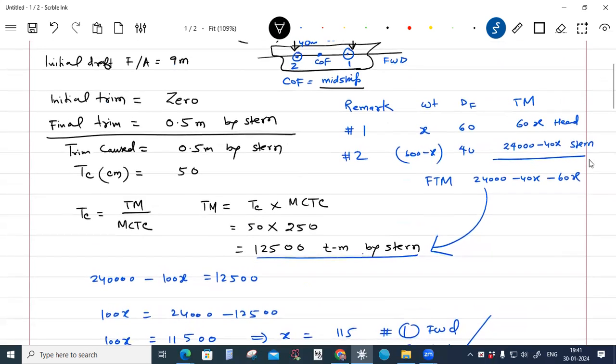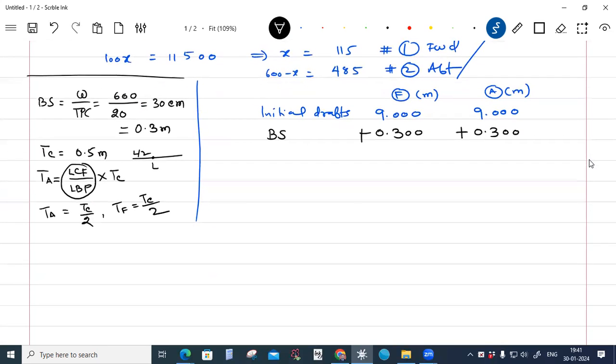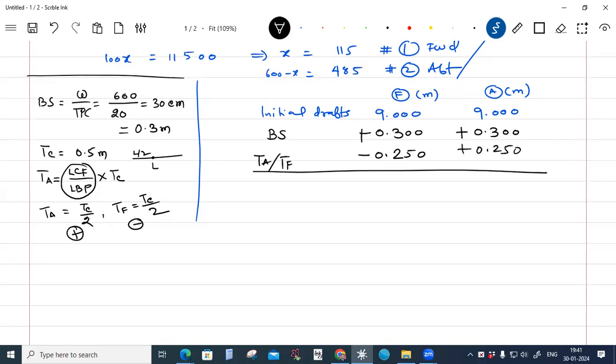This is by stern, so the aft draft will increase and the forward draft will decrease. Forward draft minus 0.250, and aft draft plus 0.250. Clear?